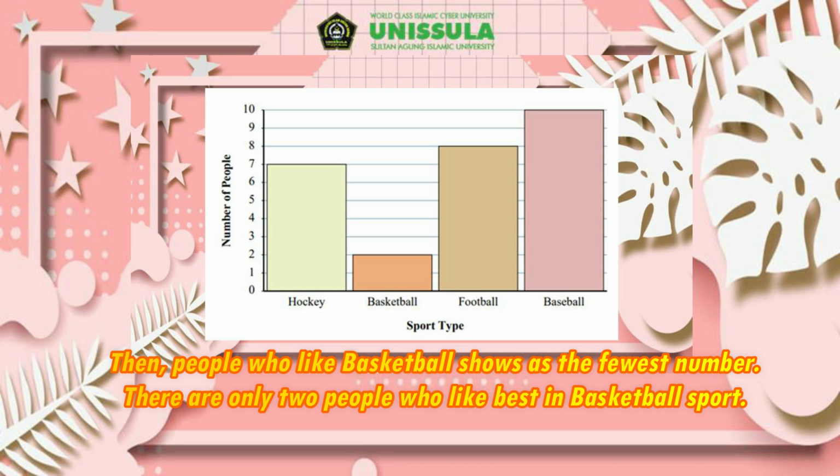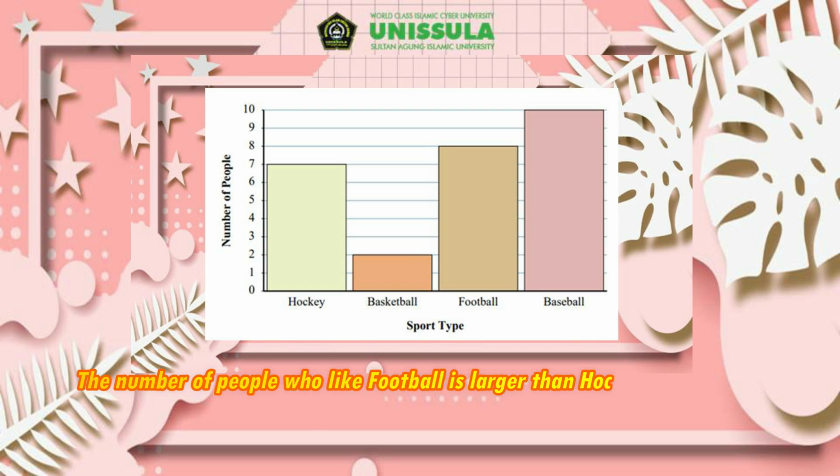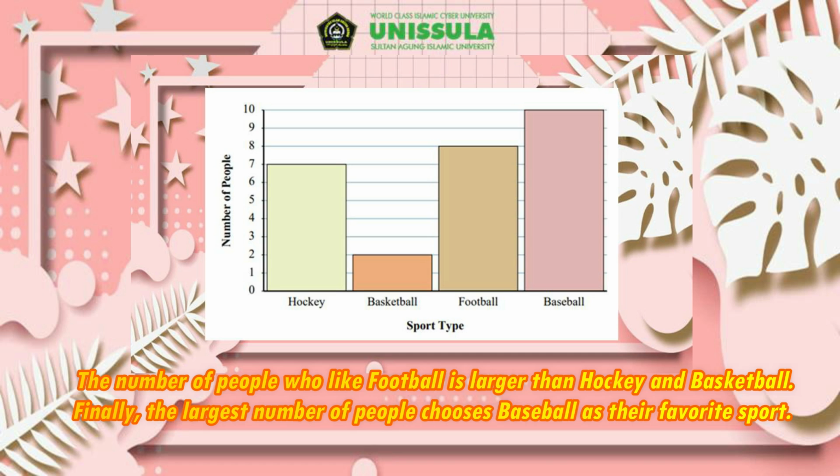The third sentence: then, people who like basketball show as the fewest number. The continuing sentence: there are only 2 people who like basketball best. The number of people who like football is larger than hockey and basketball.